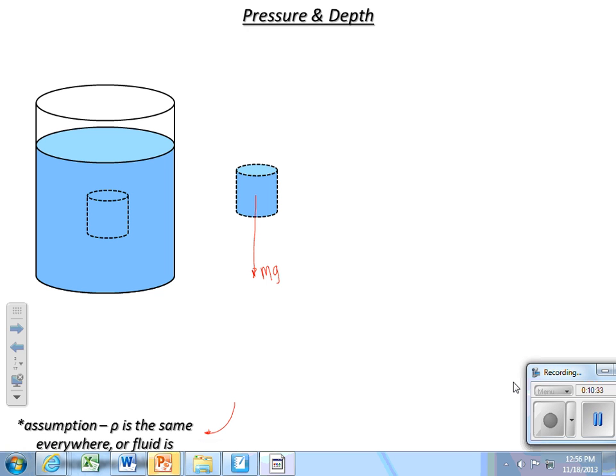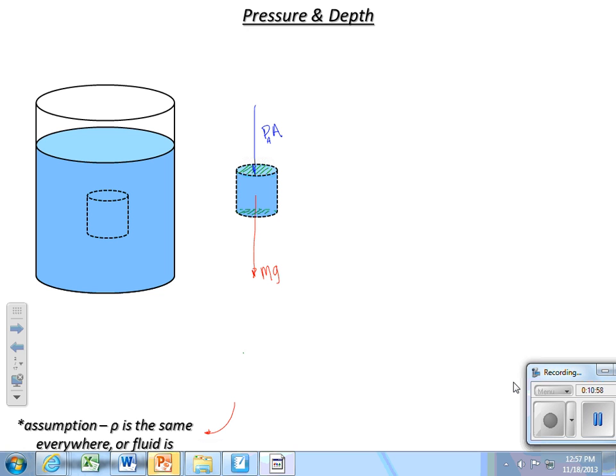And there's a force exerted on this area that we can call pressure above times area, right? Force is pressure times area. And there's a force below exerted on the same area.